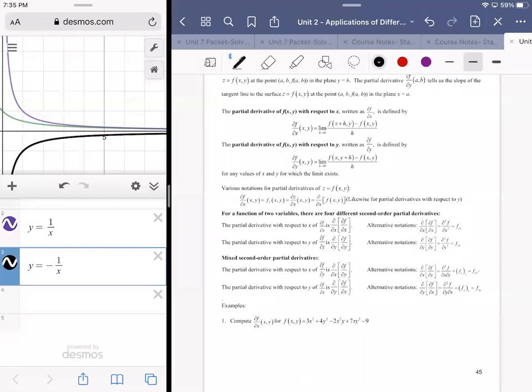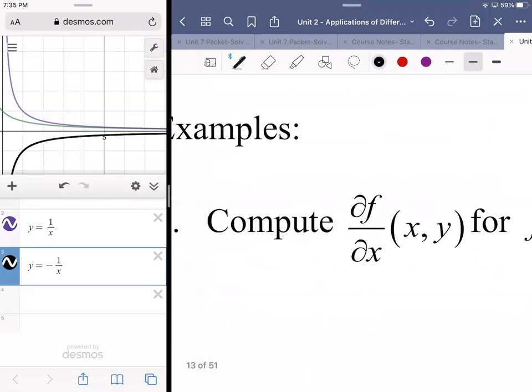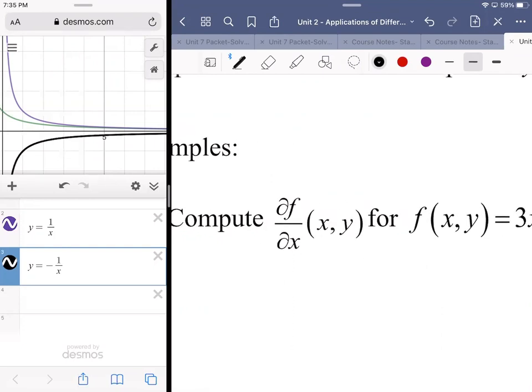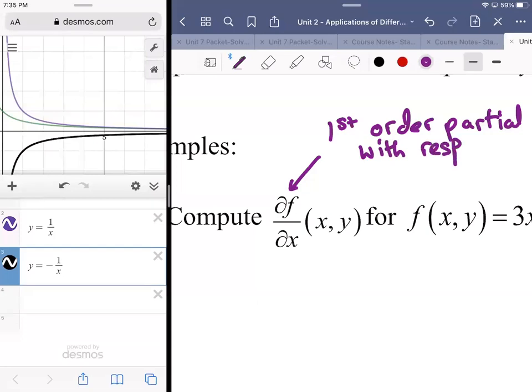All right. So you'll see here that the df dx is no longer really the classic looking d. That's the lowercase delta. Right, so we're actually kind of changing it over. That's actually the notation for a partial derivative with respect to x. So this is what we call the first order partial with respect to x.